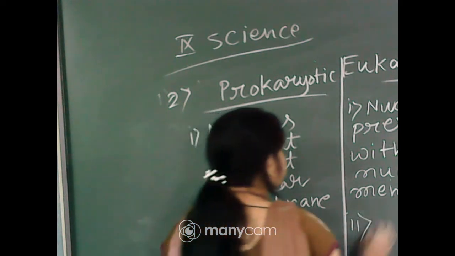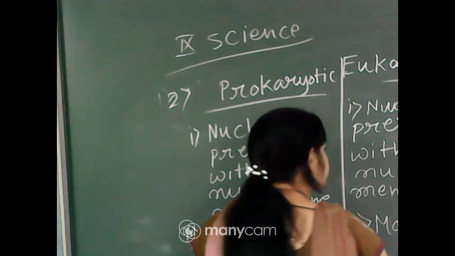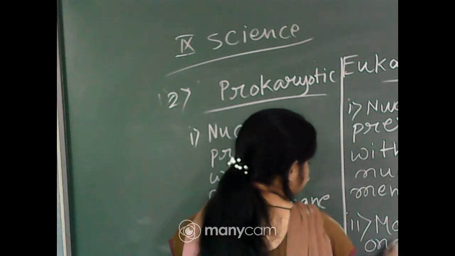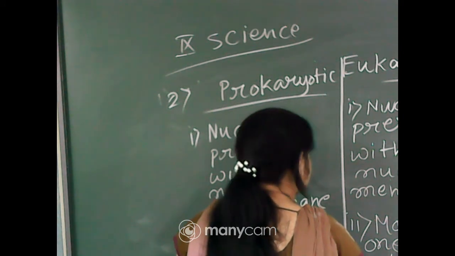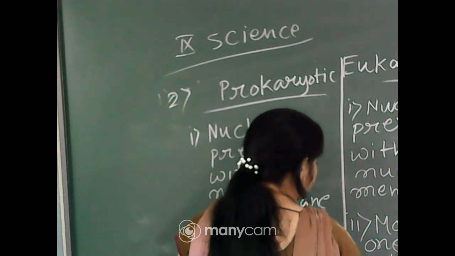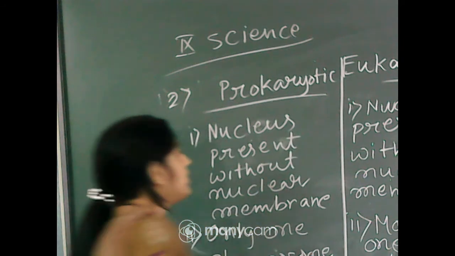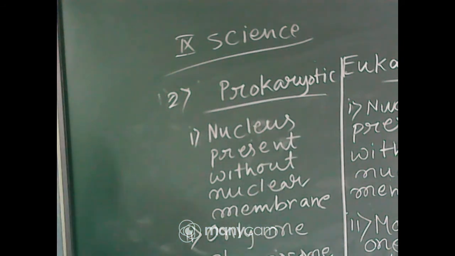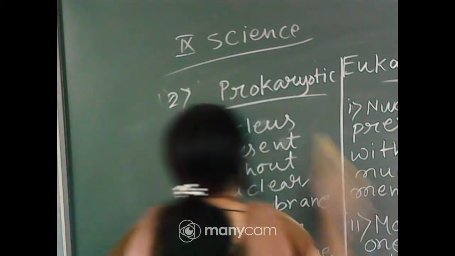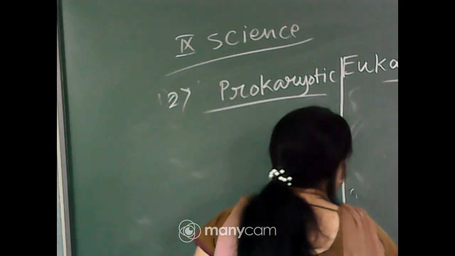In eukaryotic cells, more than one chromosome is present. So prokaryotic cell: nucleus without nuclear membrane, only one chromosome, and no membrane bound cell organelles.